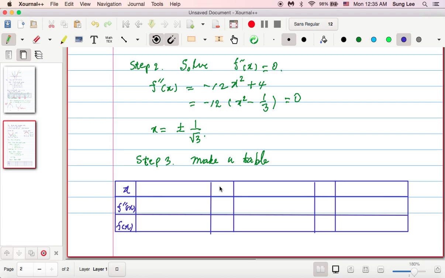Okay, so here, actually I'm going to use a different color. So negative 1 over square root of 3. Here, the positive 1 over square root of 3. And so this is where x is less than negative 1 over square root of 3.